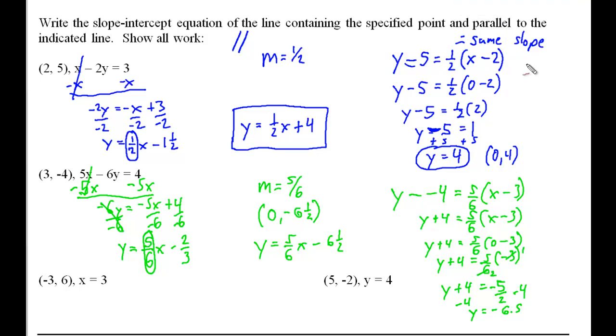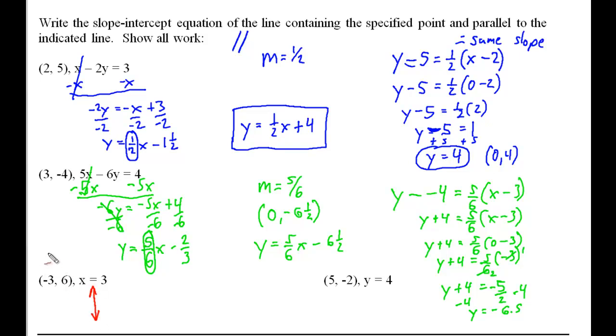These last two problems here deal with, what kind of line are we dealing with here? Horizontal or vertical? This is a vertical line. X equals 3. And since it's a vertical line, x equals 3, we've got negative 3 comma 6. Now negative 3 comma 6 is going to be, we want a line that's through these points here that's parallel to this line.